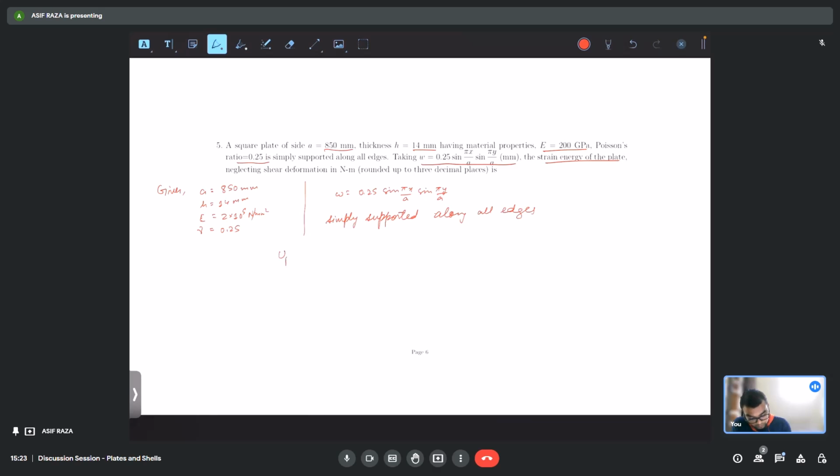So the potential energy of the plate will be given by the relation integral 0 to a, 0 to a of del square w by del x square plus del square w by del y square, whole square dx dy. Okay, so now this will be equal to D by 2 integral 0 to a, 0 to a.